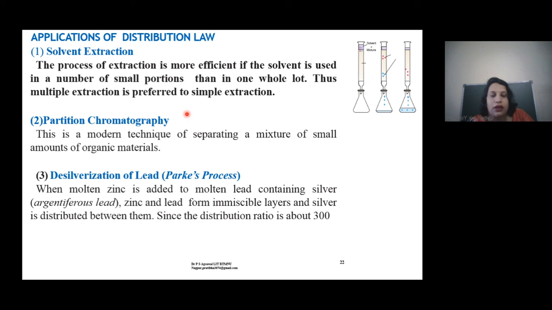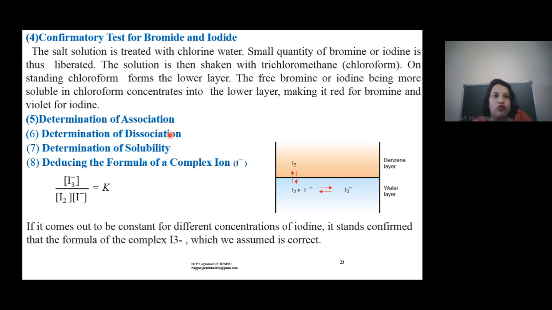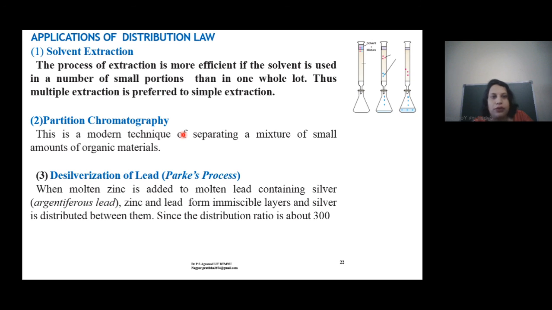Now, partition coefficient. This is also one of the modern techniques of separating a mixture into small amounts of organic material. A paste of the mixture is prepared. It is applied at the top of a column of silica, soaked in water. Another immiscible solvent is allowed to flow.